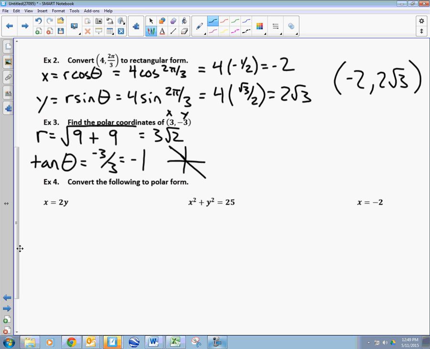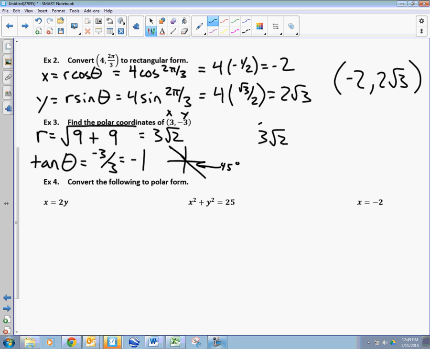Okay, so we got to find theta. Which quadrant are you in? The second or the fourth quadrant? You're in the fourth quadrant because you're over 3 and you're down 3, right? And so when you tangent inverse 1, you get pi over 4, 45 degrees. So this angle there is going to be 7 pi over 4.